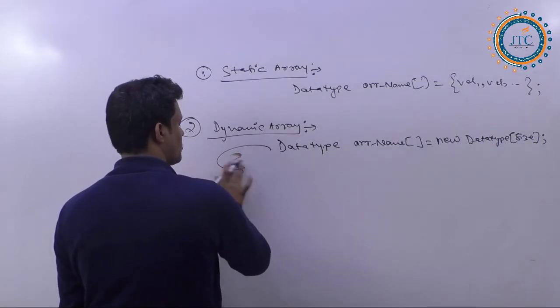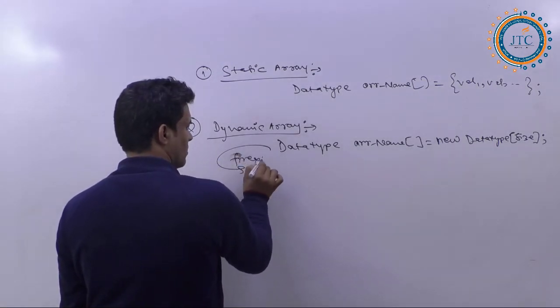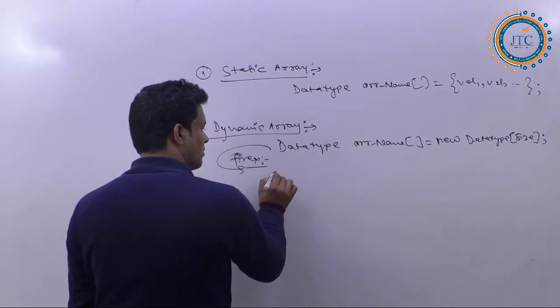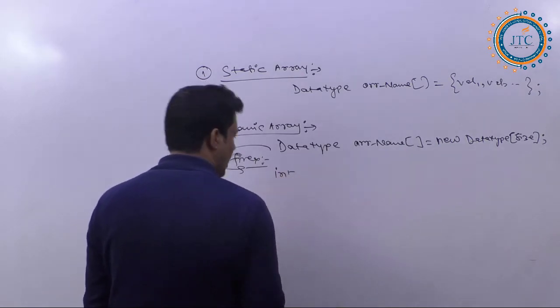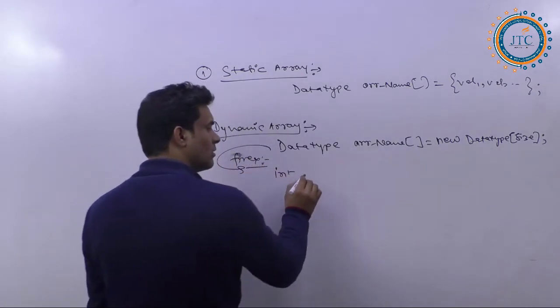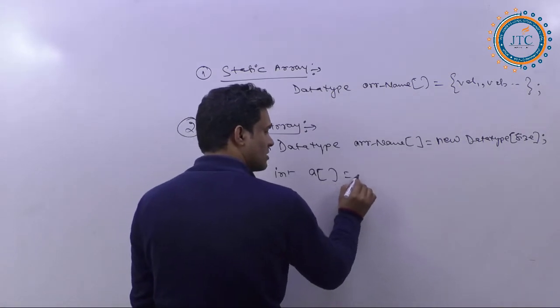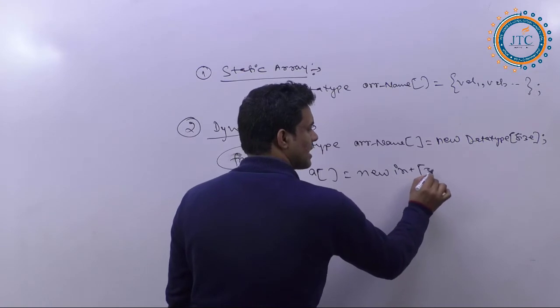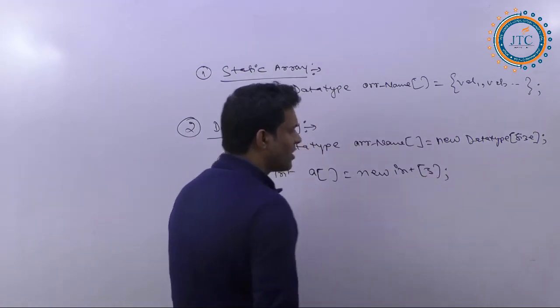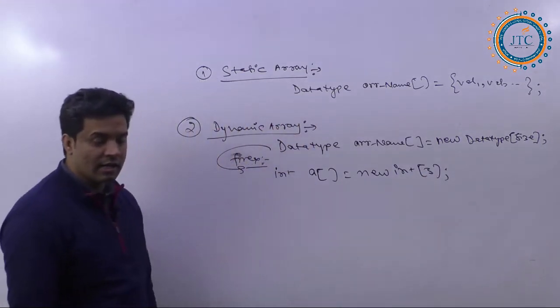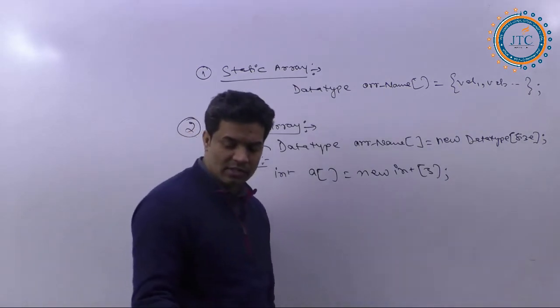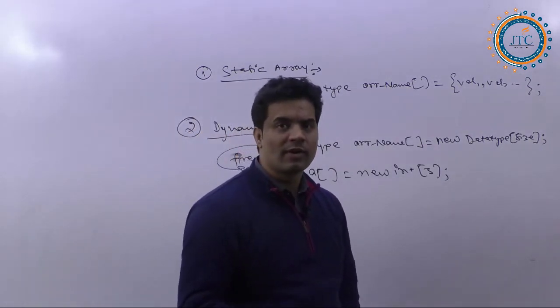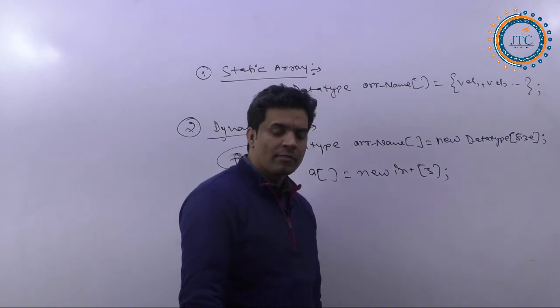For example, I am writing int, and here new of int, and inside this I have written 3. So that was the static array representation and the dynamic array representation, all the things we have discussed, right?